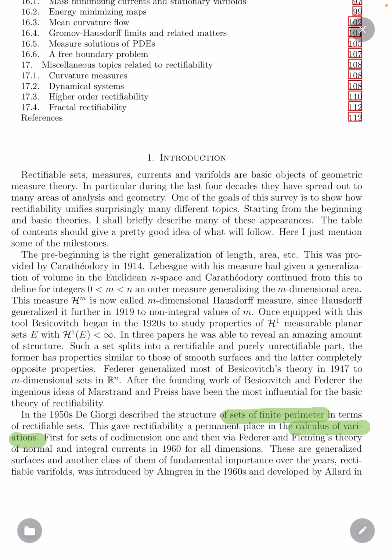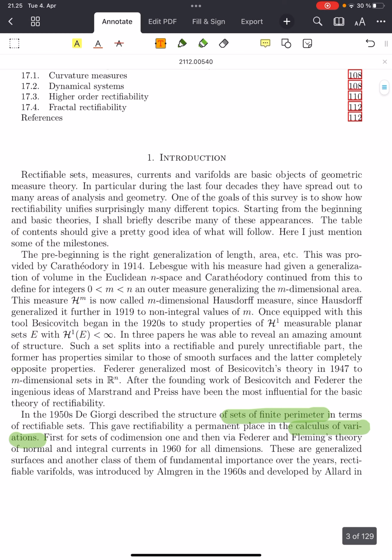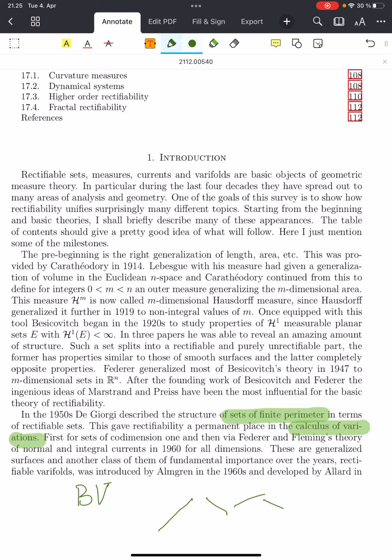And more generally, I want to mention that there is this other result that in general BV functions, so sets of finite perimeter are those where the characteristic function is actually BV. But general BV functions have this structural theorem that they have jump discontinuities along a rectifiable set.